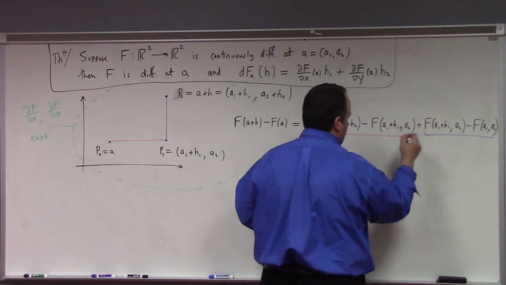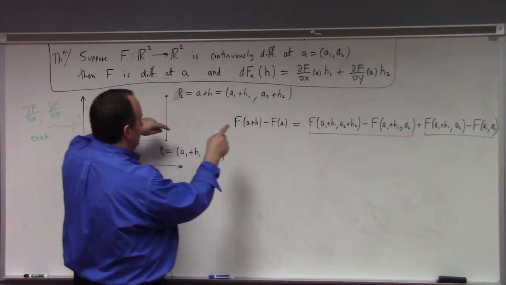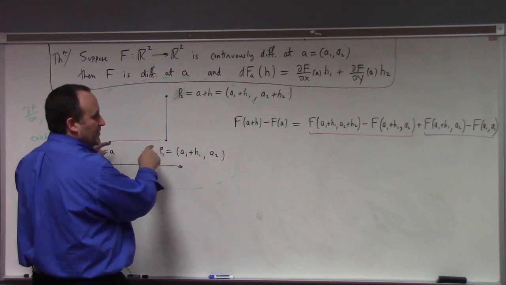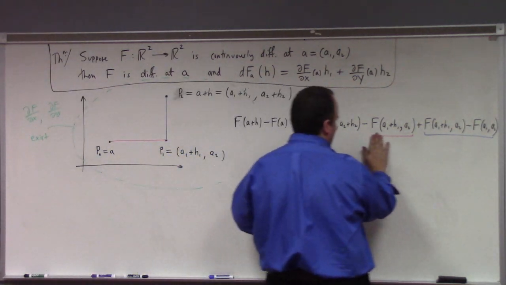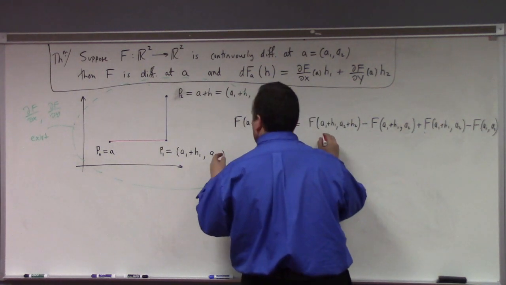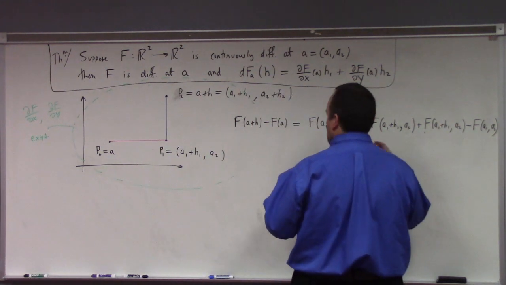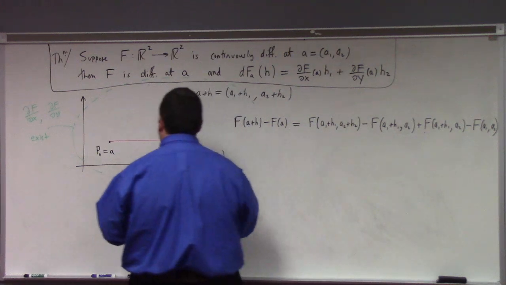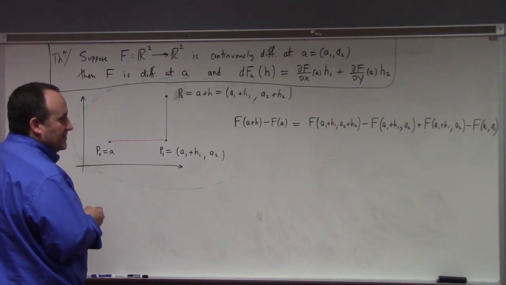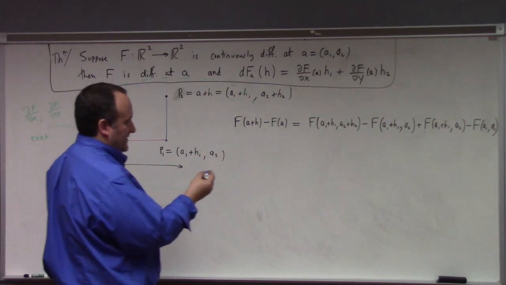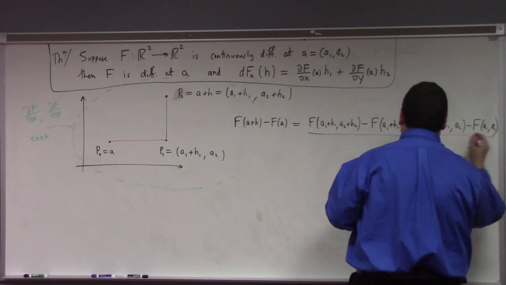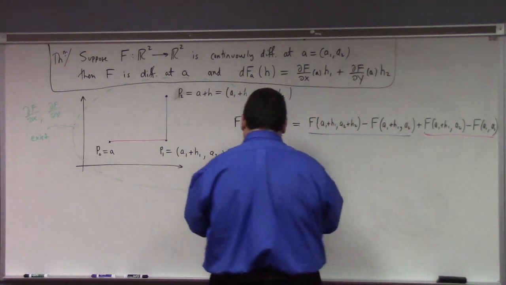Oh wait a minute. I'm a dummy. Maybe I should just not color code. Oh man. This is why we can't have nice things. That's this one. That's this one. All right, fine.